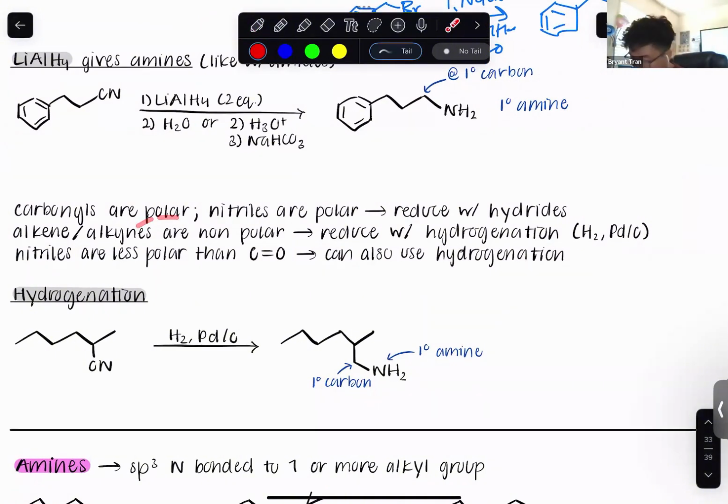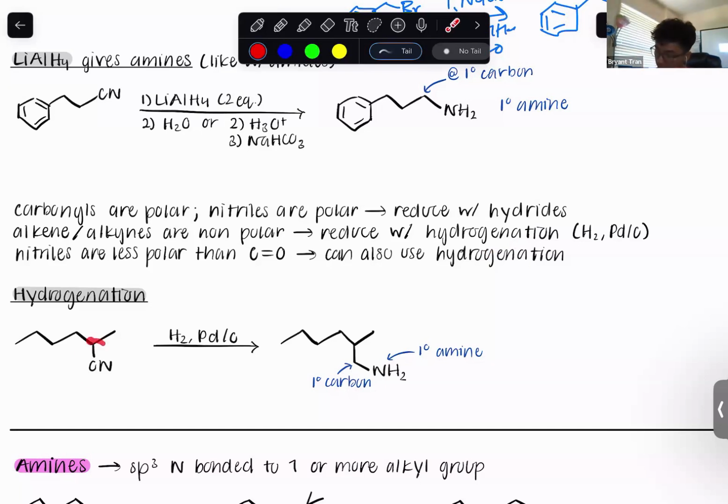Carbonyls are polar, nitriles are polar. We could reduce that with hydrides like NaBH4 or LiAlH4. Alkenes or alkynes are nonpolar because they're bonds between the same atom, carbon and carbon. So we reduce with hydrogenation, H2, Pd/C. Nitriles are less polar than carbonyl. So we could use hydrogenation like H2, Pd/C to reduce nitriles down into NH2.